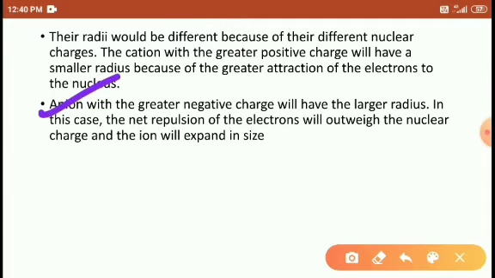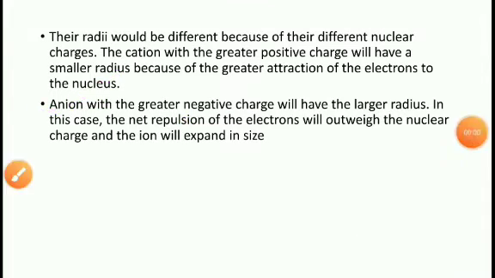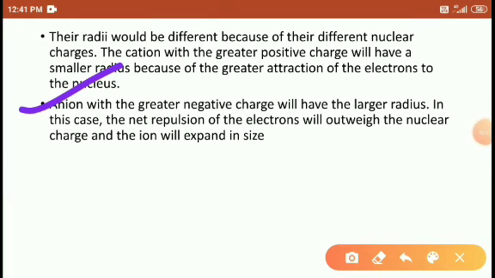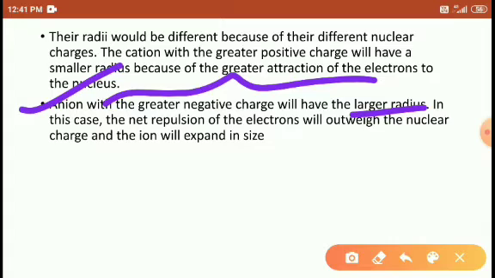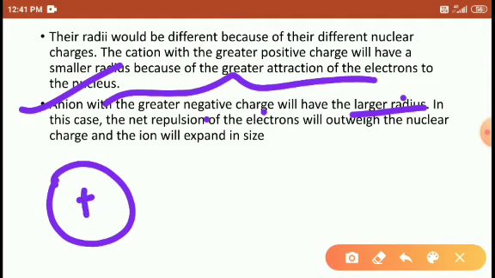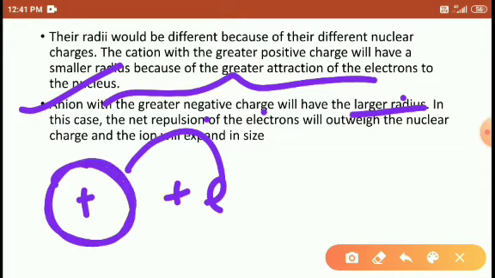Right? But in the case of anions, greater negative charge means a large radius. Why a large radius? Because anions accept electrons. After accepting an electron, the neutral atom's electrons repulse the new electrons.